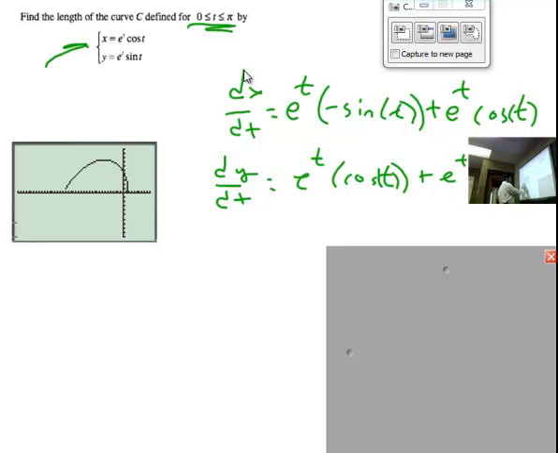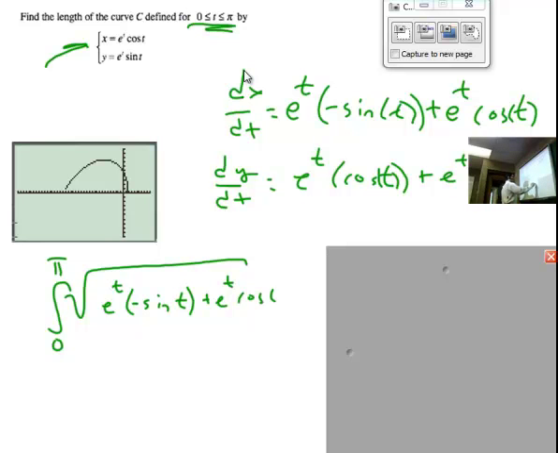And so the arc length would be the integral from 0 to pi of the square root of dx dt squared, so e to the t times minus sine of t plus e to the t times cos of t, squared, plus, and this is kind of running out of room here, e to the t cos of t plus e to the t sine of t, squared.